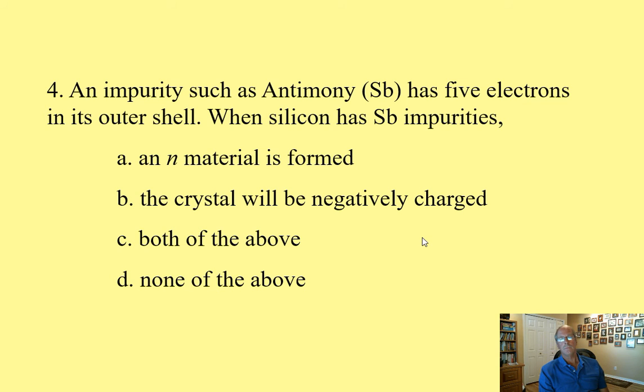An impurity, such as antimony, there's 5 electrons that are shown. When silicon has antimony impurities, an N material is formed. We can use boron instead of antimony, and that would create the P material.